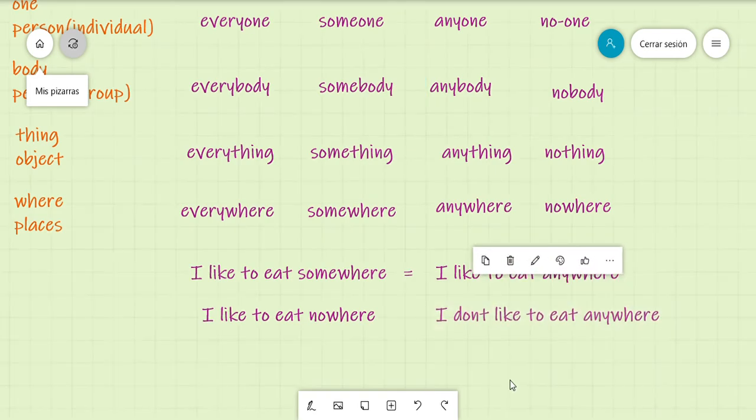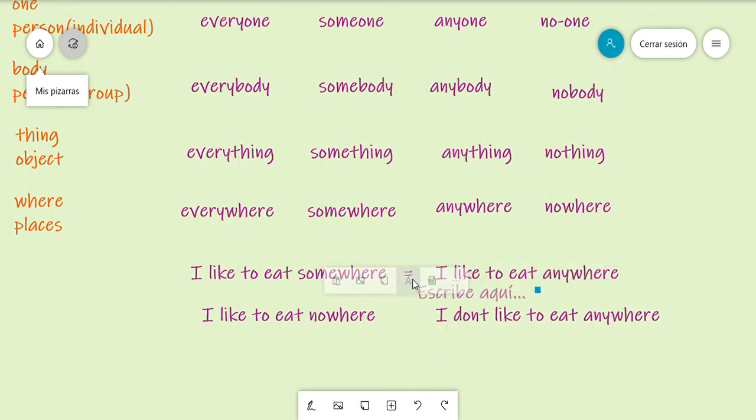And that is the way that you have to write it. In this case, when you talk about any in affirmative sentences, it takes the same meaning as some. And in the case of any for negative sentences, it has the same meaning as no. For that reason, you have to use it in that way.